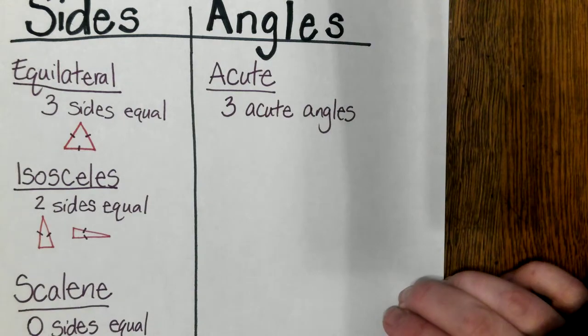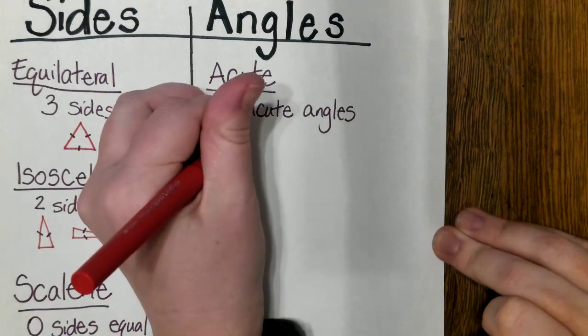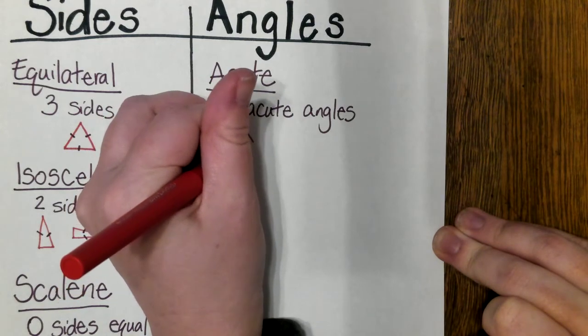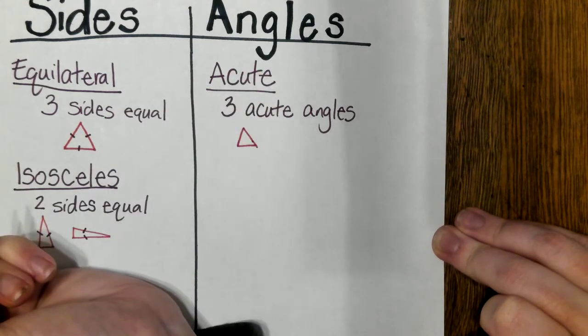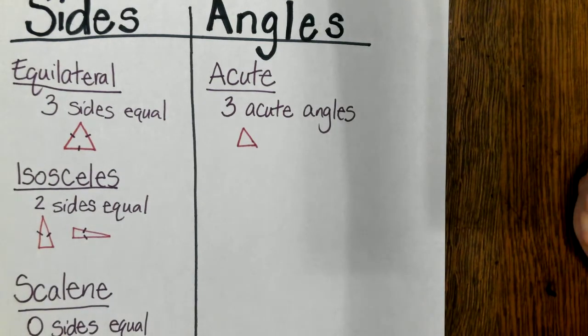So what would that look like? Well, that would look like that. To show that each angle is acute, we have a little marking as well.